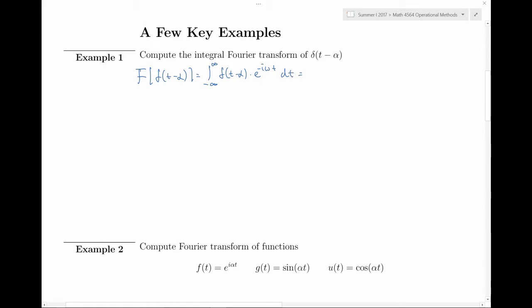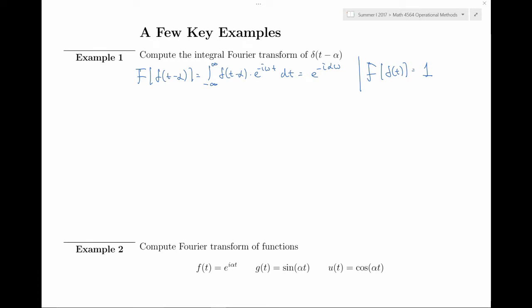And by the property of the delta function, this is simply e to the minus i alpha omega. In particular, the Fourier transform of just the delta function, when alpha is 0, becomes 1.